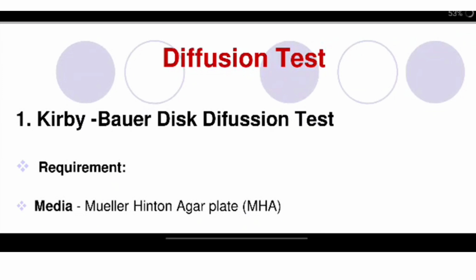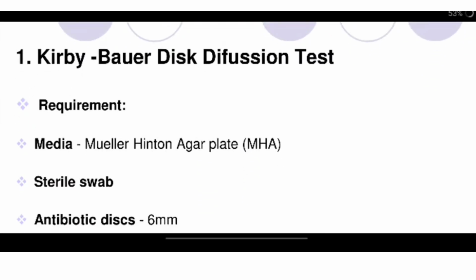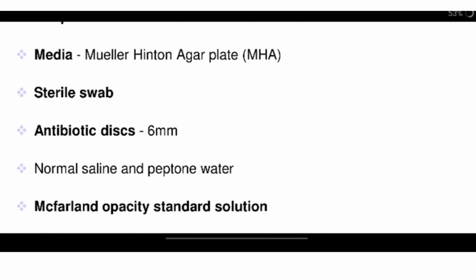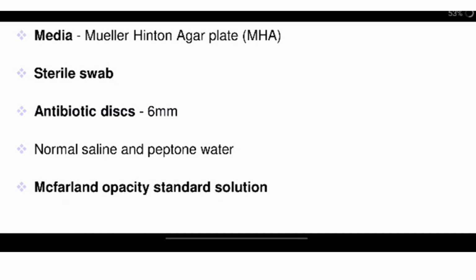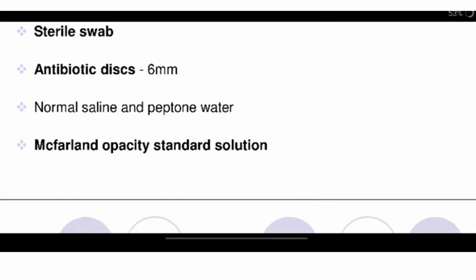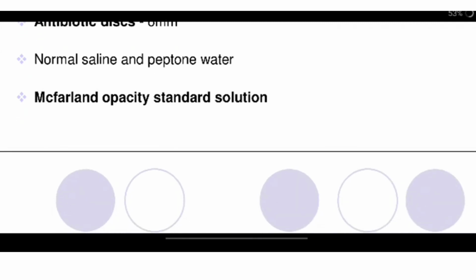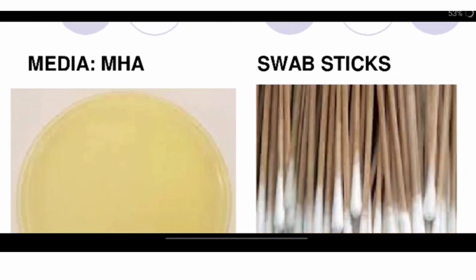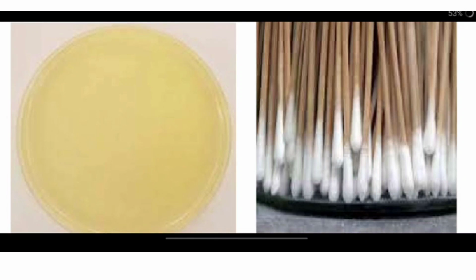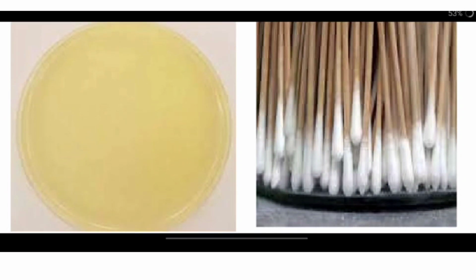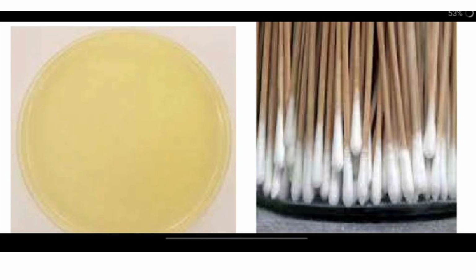This diffusion test needs media, a Mueller-Hinton agar plate, sterile swabs, antibiotic discs which are 6 mm, and normal saline or peptone water in which we will prepare the turbidity standard solution, the McFarland opacity standard solution, by which we will compare the turbidity. So this is the MHA agar plate on which AST is done, and these are the sterile swab sticks by which we do the lawn culture.